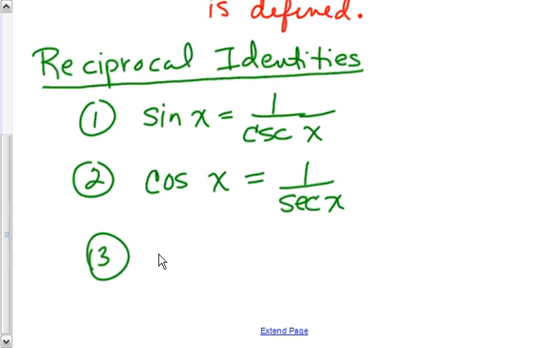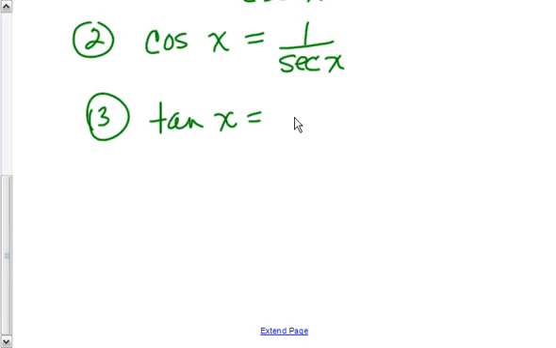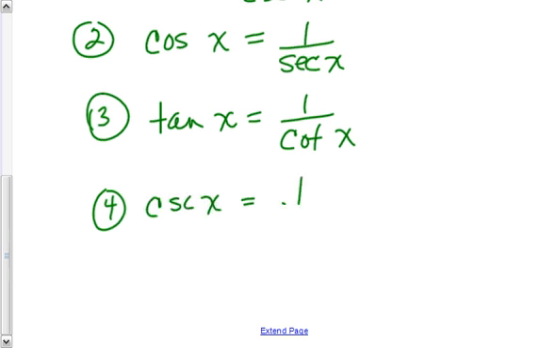The third one is tangent of x, which is 1 over cotangent of x. And they go the other way as well. If I gave you cosecant of x, that would be 1 over sine.